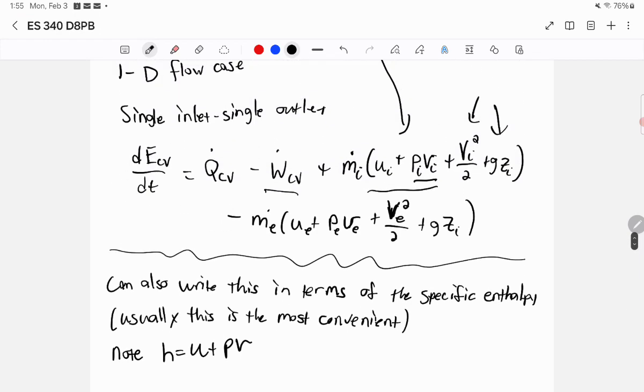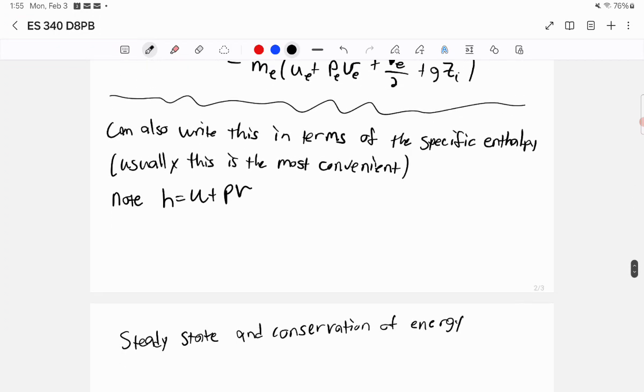Notice inside here we have U plus PV. Typically, when you're going to your tables, when we're dealing with the 1D flow of a control volume and we're dealing with that energy balance, it's really often just easier to do it in terms of the enthalpy rather than the specific internal energy.